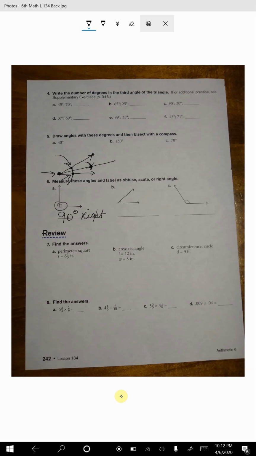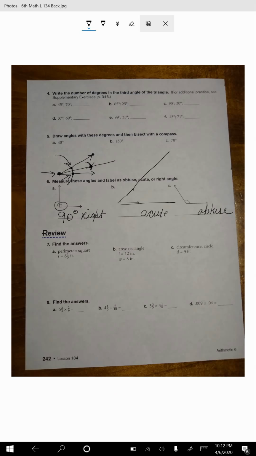This one is smaller than a right angle, so I know it's acute, and I know this one's obtuse. What degrees they are, you're going to have to find that out. Just remember, extend, so you can get a more accurate measurement. You can even extend this if you want. Alright.